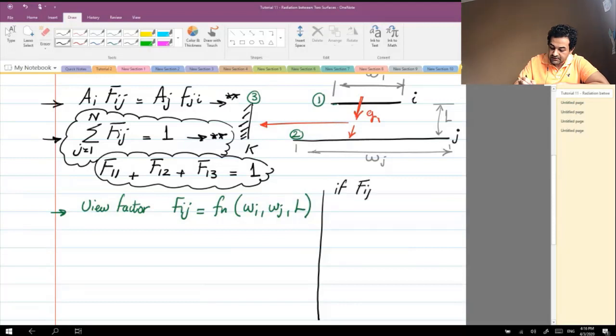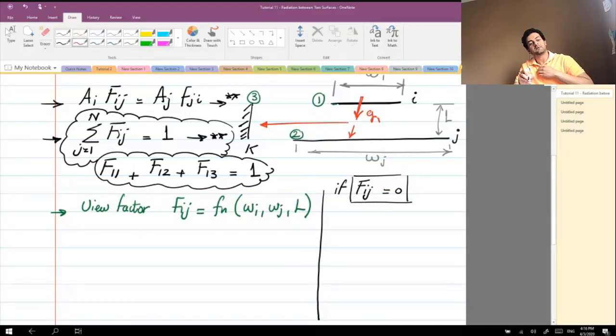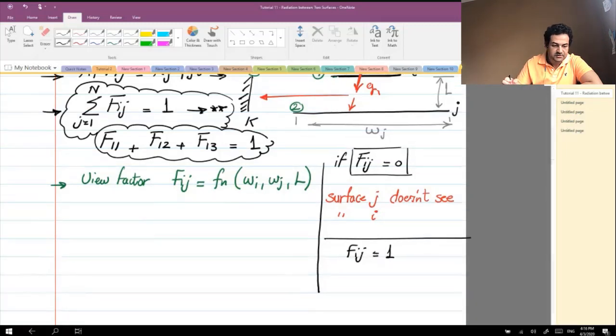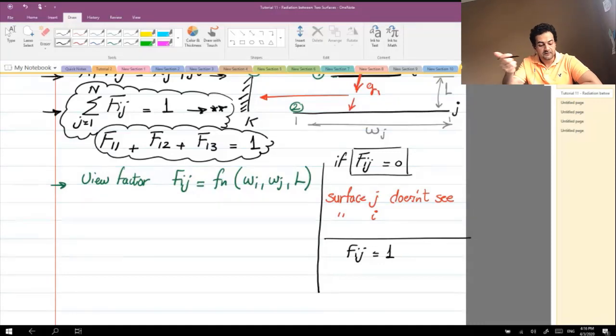If Fij is equal to 0, it means that surface J doesn't see anything from surface I, or doesn't receive any radiation from surface I. It means surface J doesn't see surface I. And also if Fij is equal to 1, it means that all radiation emitted by surface I is received by surface J.